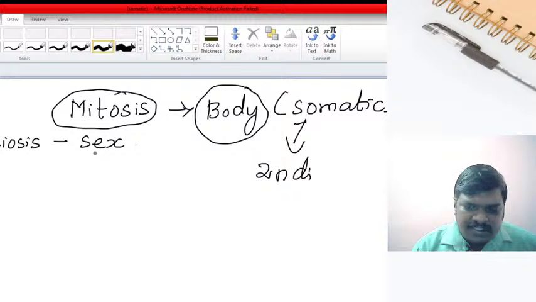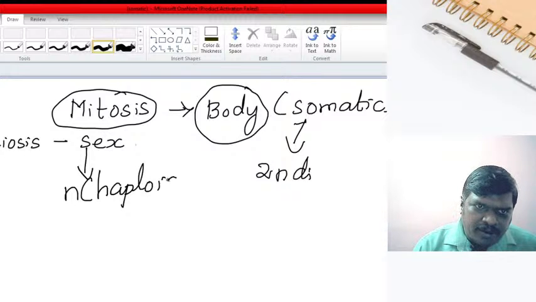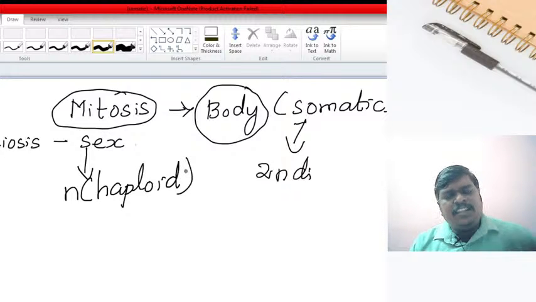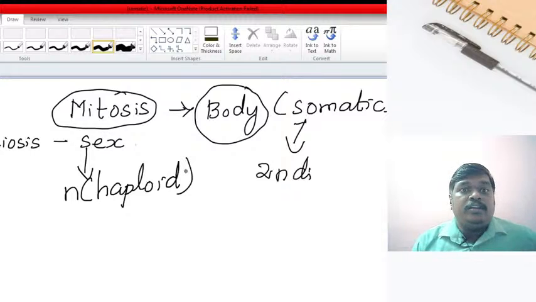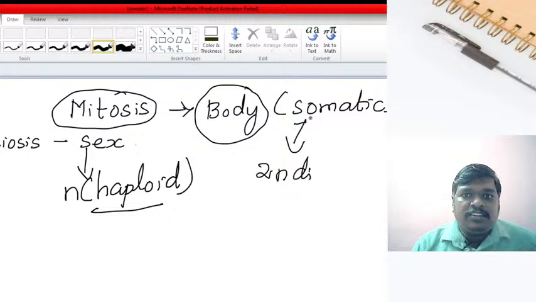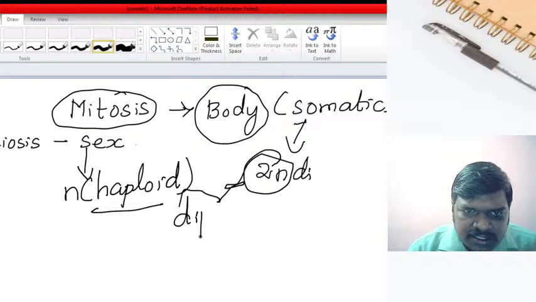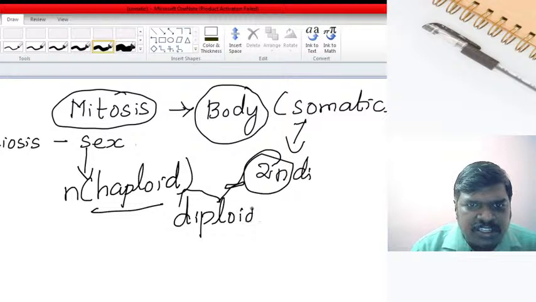Whereas the sex cells are always n, that is haploid. So sex cells are always haploid in condition, whereas the somatic cells are 2n. The 2n condition, we know as diploid.